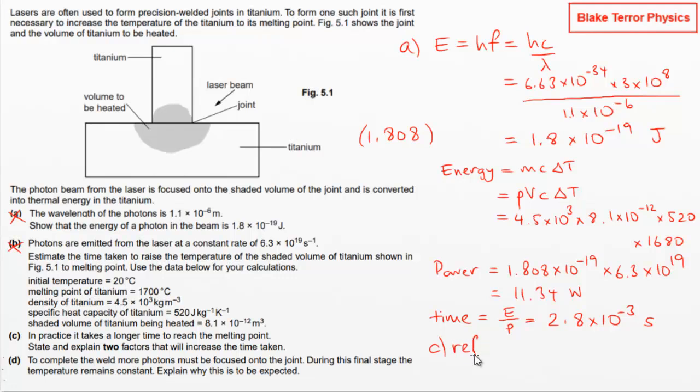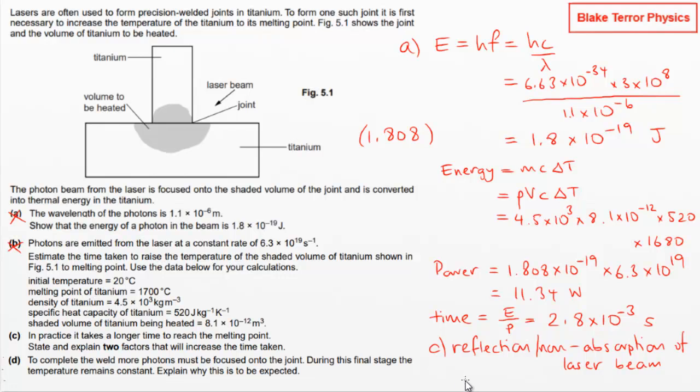So that might be because we've got reflection or non-absorption of the laser beam at the joint. So that's one thing, because then we've got less going in. We'll have a lower effective power on this.